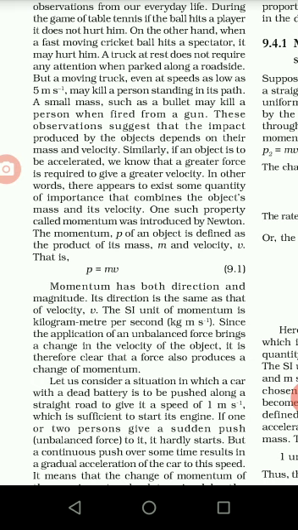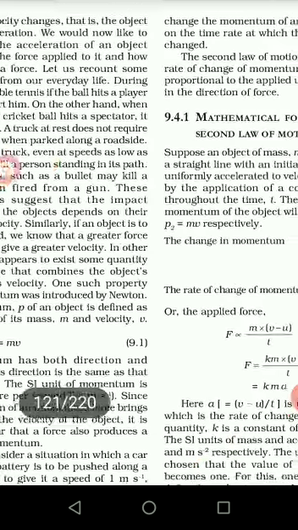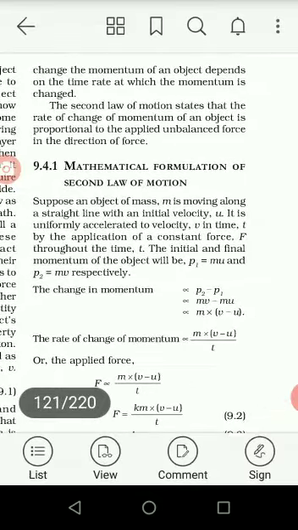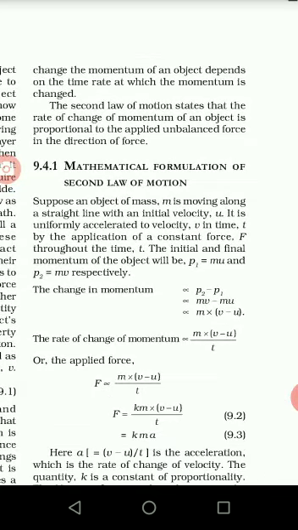After momentum, we will come to the second law of motion. So the statement of the second law of motion. Write it down yourself. The second law of motion states that the rate of change of momentum of an object is proportional to the applied unbalanced force in the direction of force.